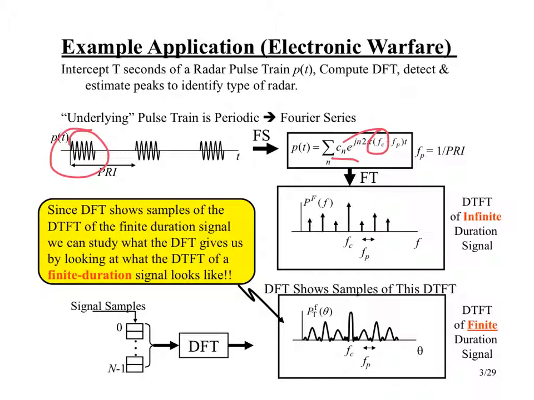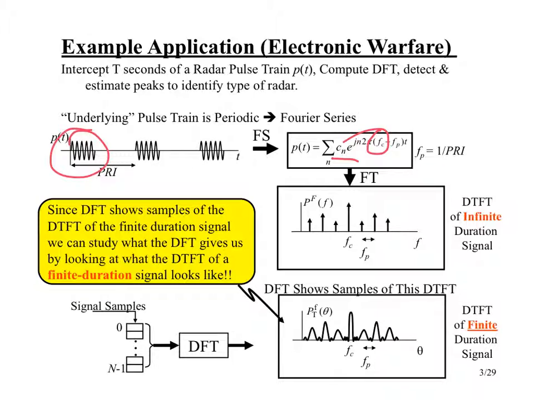If we didn't have the FC, we would have this Fourier series spectrum centered at the origin. But because we have the carrier on there, it moves that spectrum up to be centered at FC, and we would also have something down at negative FC, which I don't show here.